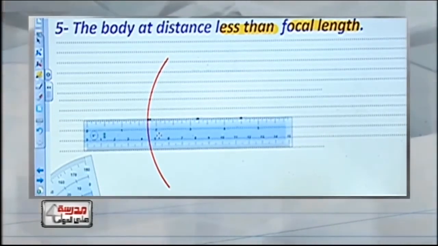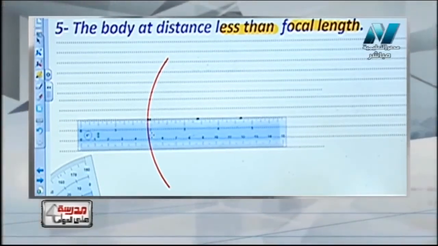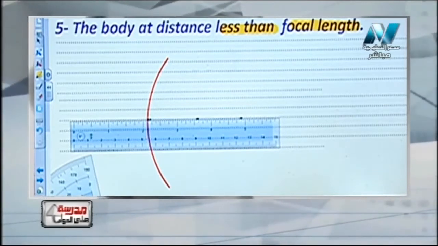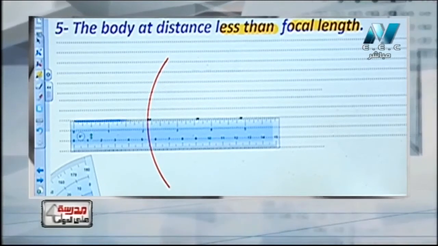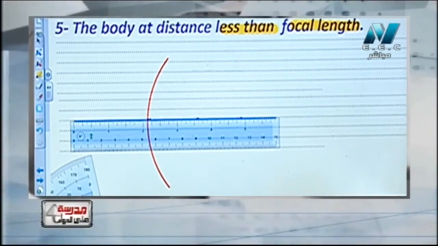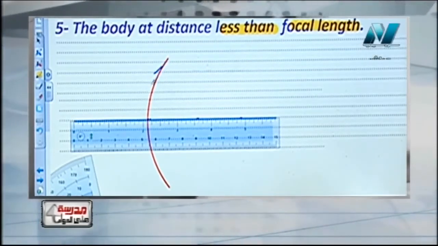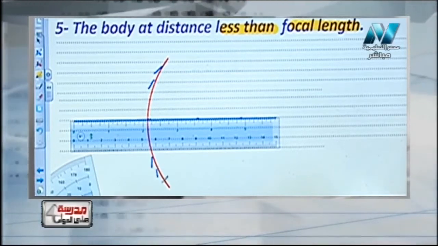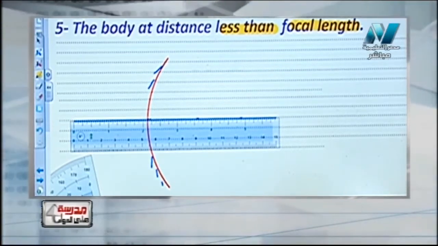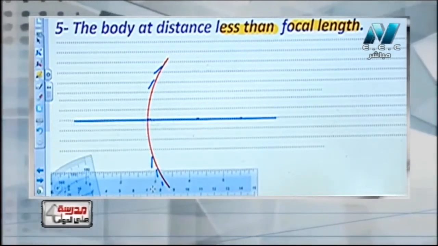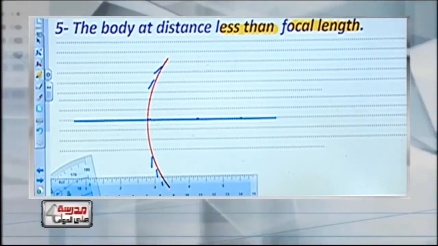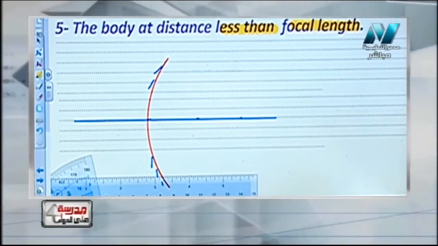Then we will draw the principal axis. Principal axis is a straight line passing through the center of curvature and pole of the mirror. Okay? Now, the position of the object in which place? فين مكان الأوبجكت؟ طبعا we know now light ray we have 2 rules.